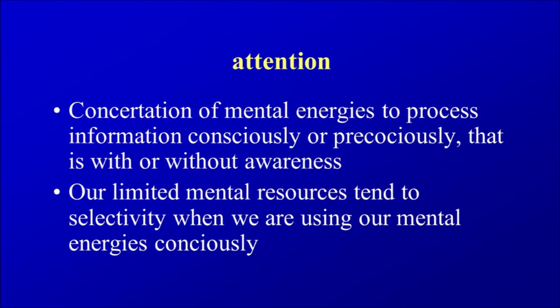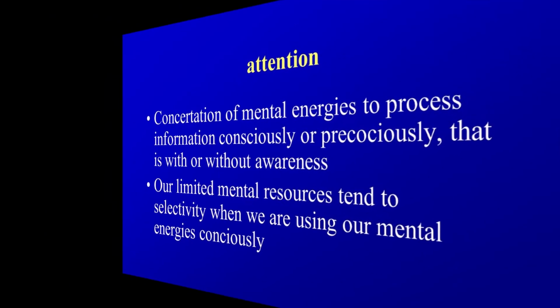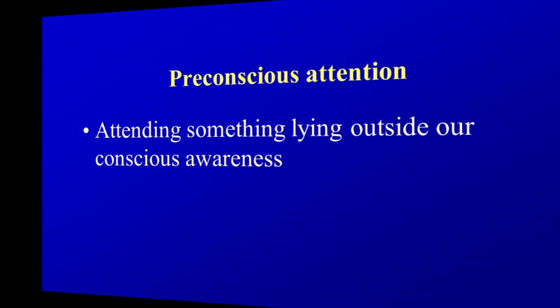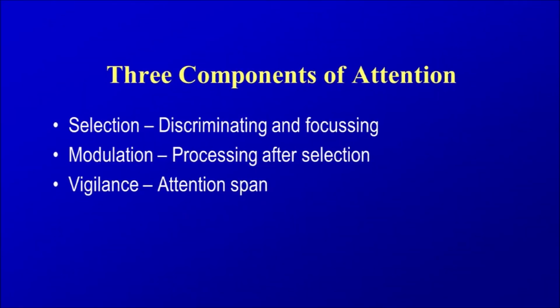Our mental resources are limited, therefore we tend towards selectivity, especially when we are using our mental energies consciously. Preconscious attention: attending to something lying outside our conscious awareness. It is called preconscious attention. There are three components of attention.